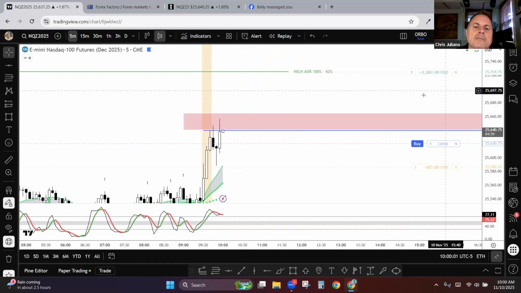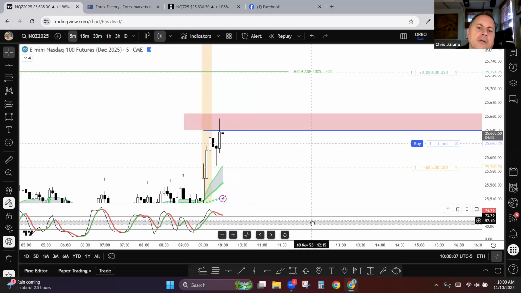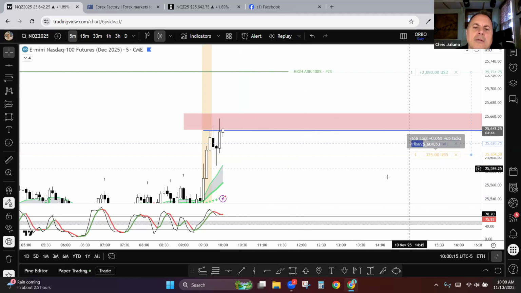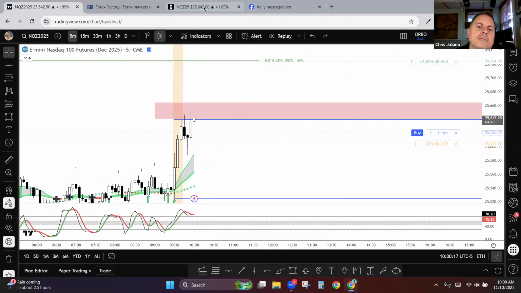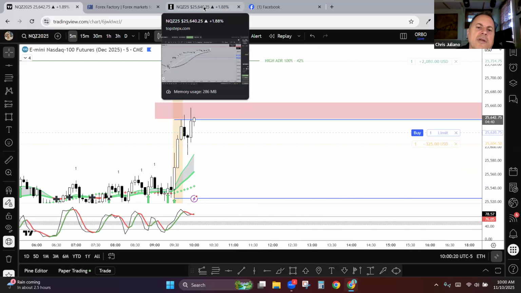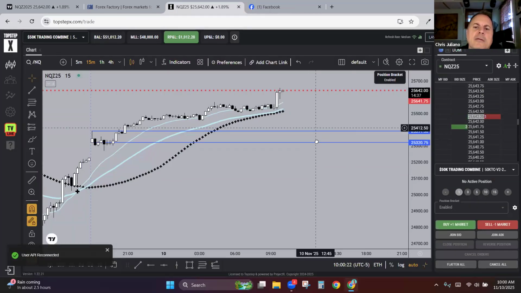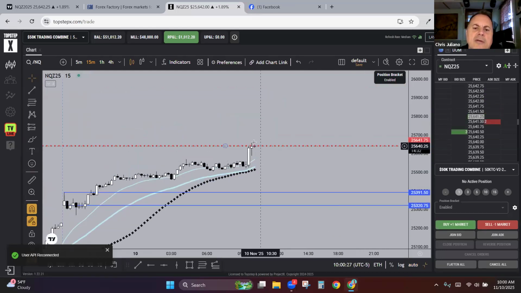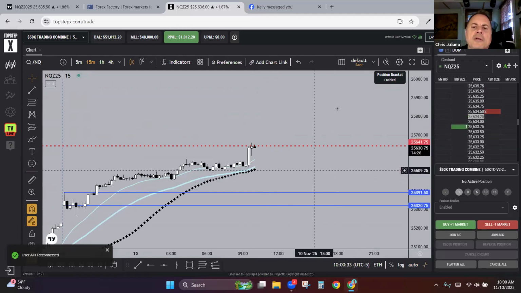If we get it there. There we go. Trying to break out to the upside. Oops. Trying to break out to the upside here. Running into that 3 hour, right? Running into that 3 hour 50 simple and giving it some trouble.